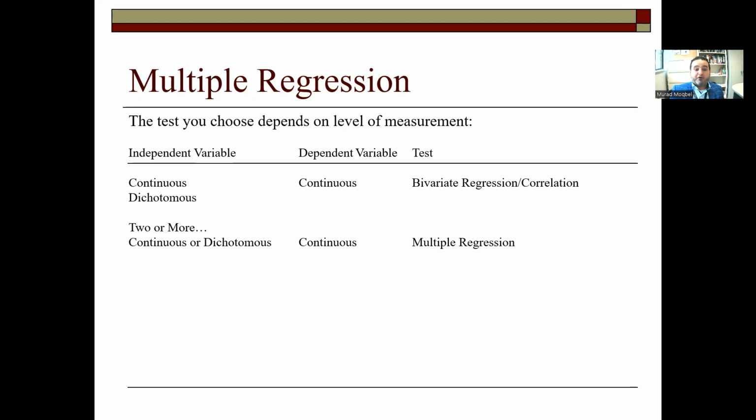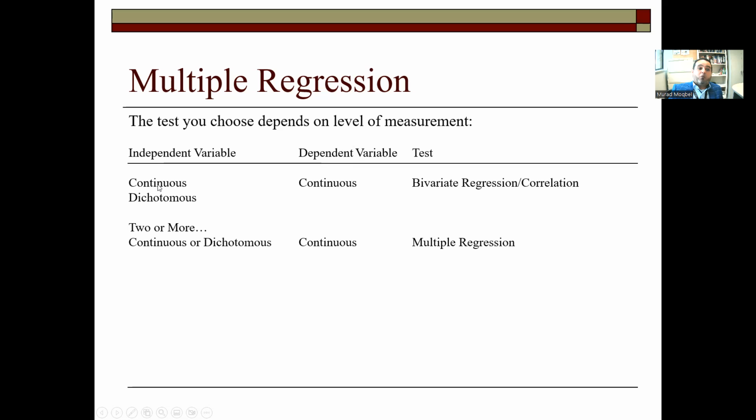But for now, our dependent variable, or we call it outcome variable or a target variable, or the effect, right? So the dependent variable is the effect, and we are trying to find the causes or the predictors of this variable, the dependent variable, right?